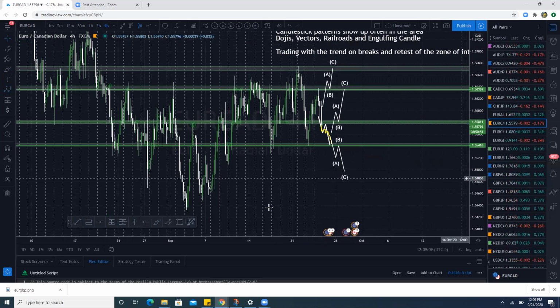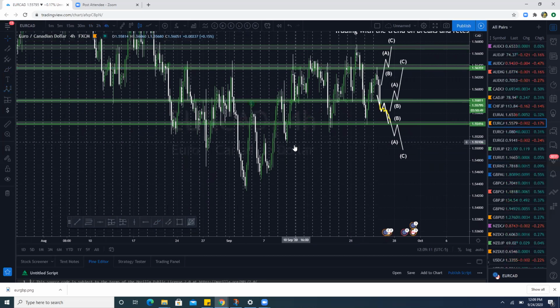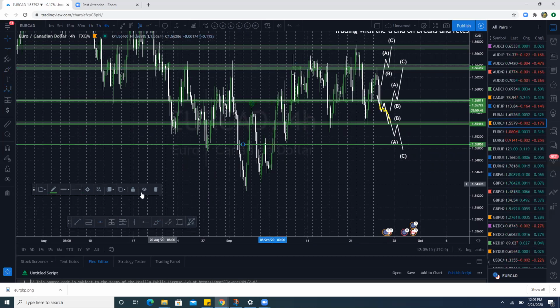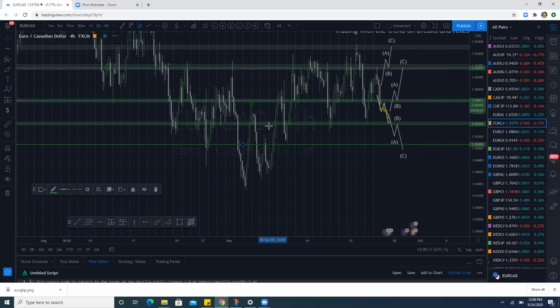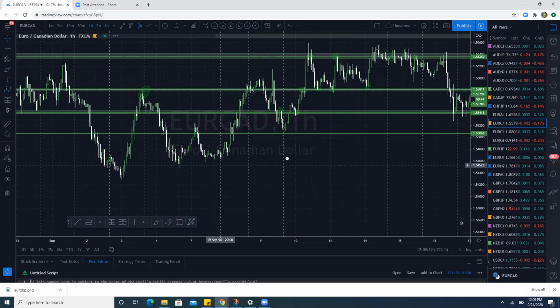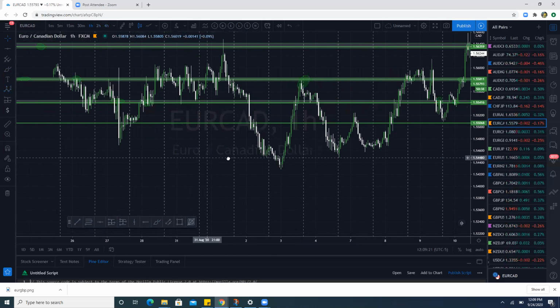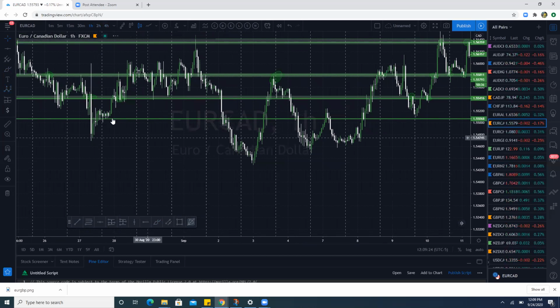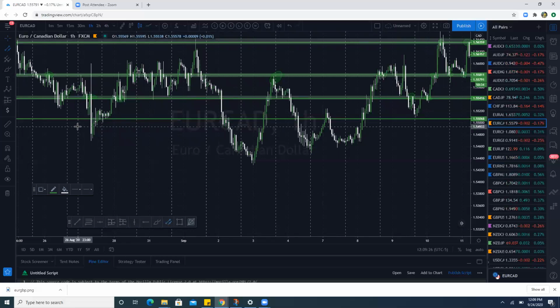And just zoom out, go to a higher time frame. See if this makes sense. And it does. Got two. So you got this one here, a little bit higher.